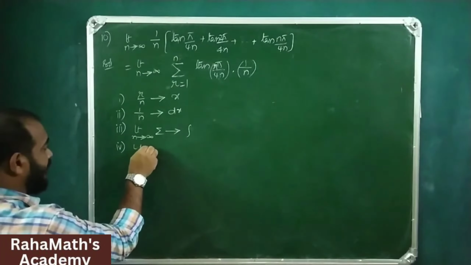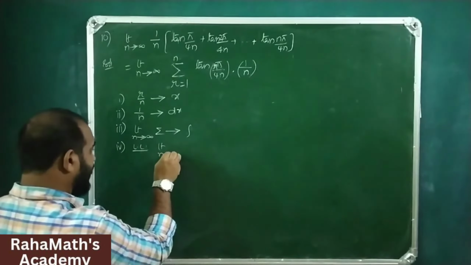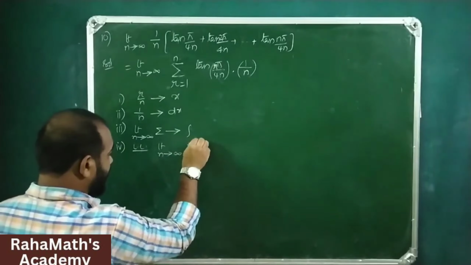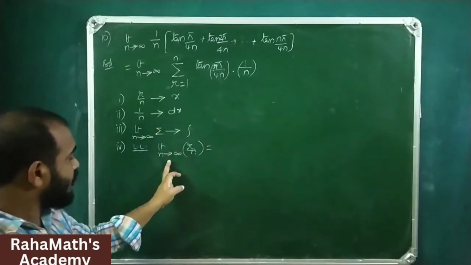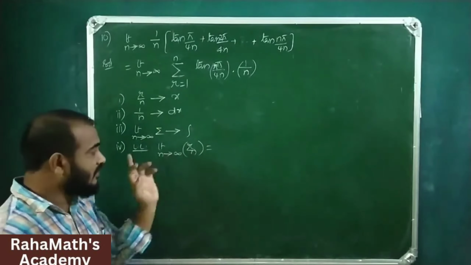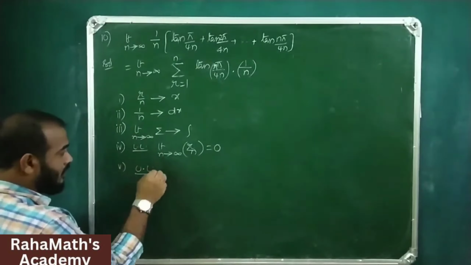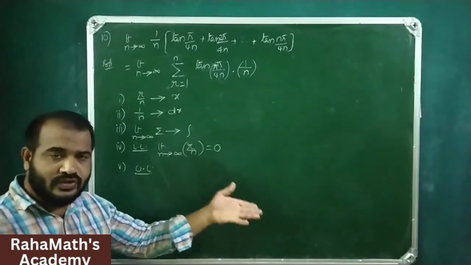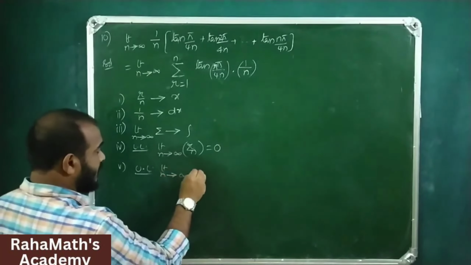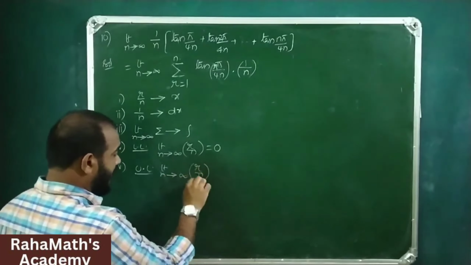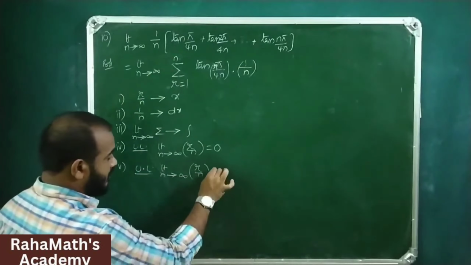So the lower limit is equal to limit n tends to infinity r by n, with r is 1. So limit n tends to infinity 1 by n is equal to 0. The upper limit: as n tends to infinity, 1 by n tends to 0. So limit n tends to infinity r by n. So this time r value is n by n, which is 1.